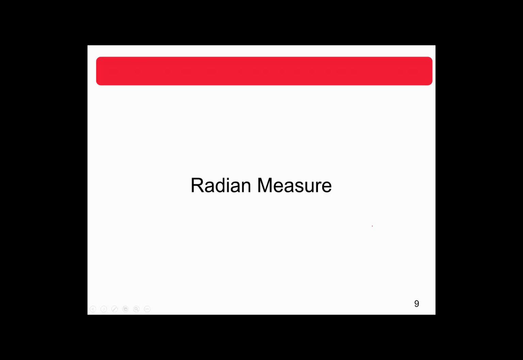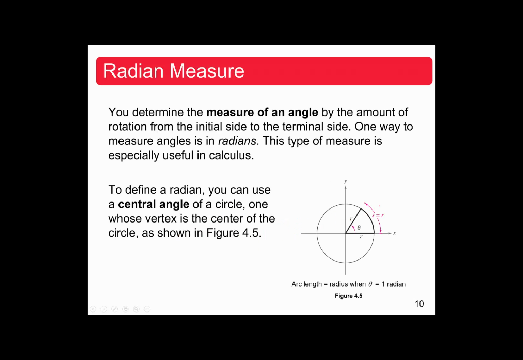Radian measurement: a typical angle can be expressed in radian form, and one revolution, one cycle, is equal to 2 pi. Now let's take a look at how we measure any angle.